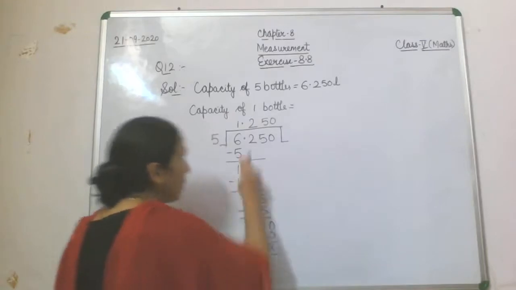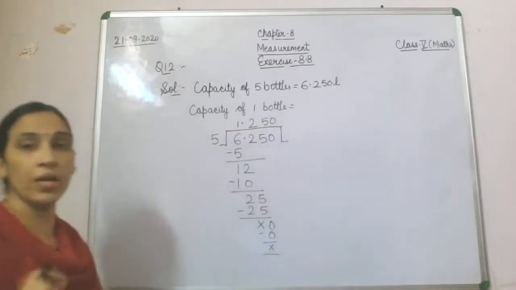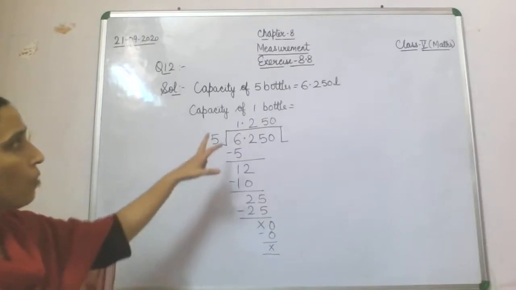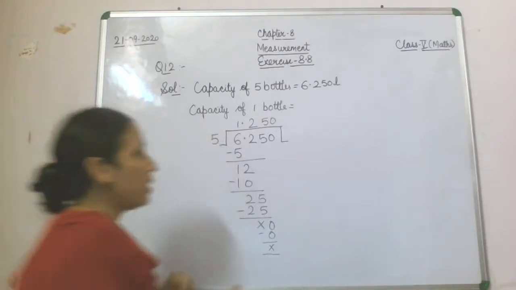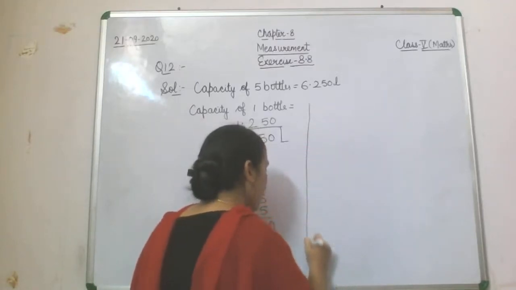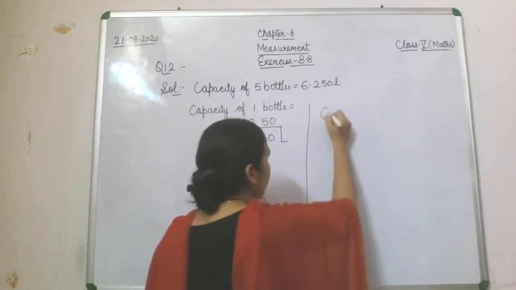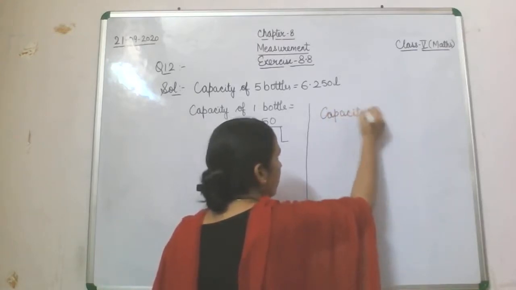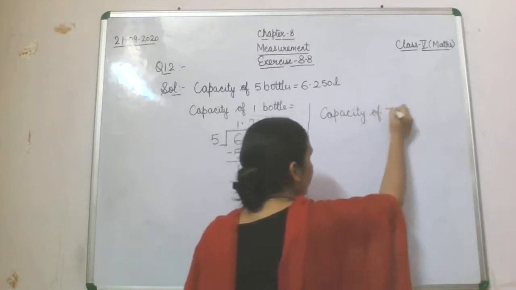Now this will become 1.250 liters, the capacity of 1 bottle. Now this we have found. Now what are you supposed to find? Now we find the capacity of 7 bottles.